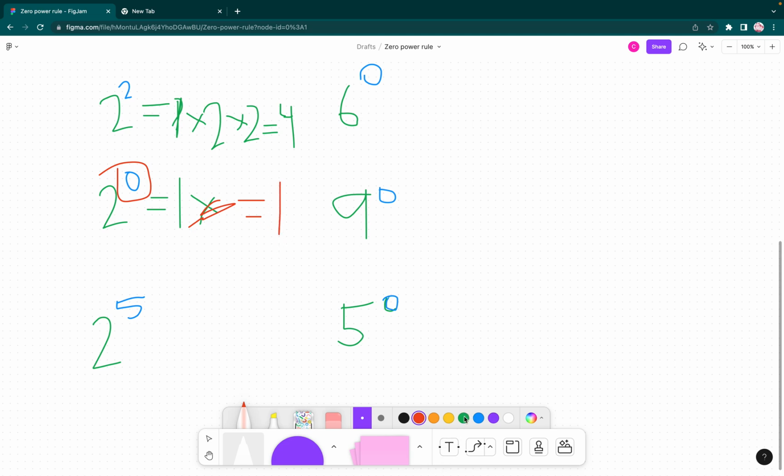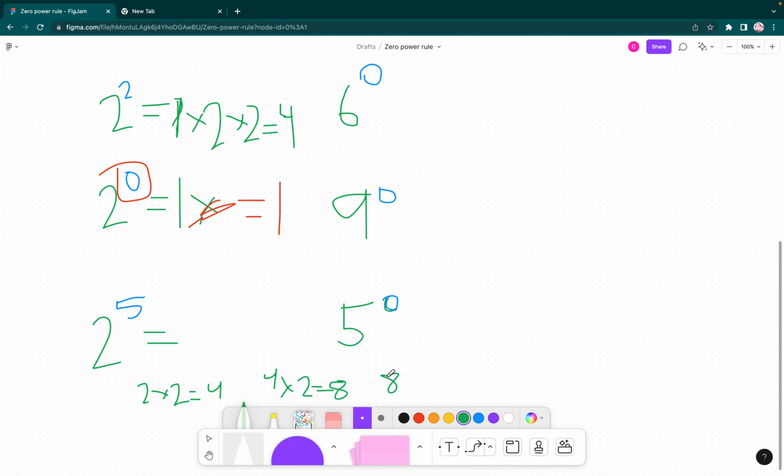I hope you're getting it. Next, 2 to the power of 5, which is 2 times 2 times 2 times 2 times 2. Okay, so we do 2 times 2 first. We're going to go slowly. That is equal to 4. Now 4 times 2 is equal to 8.